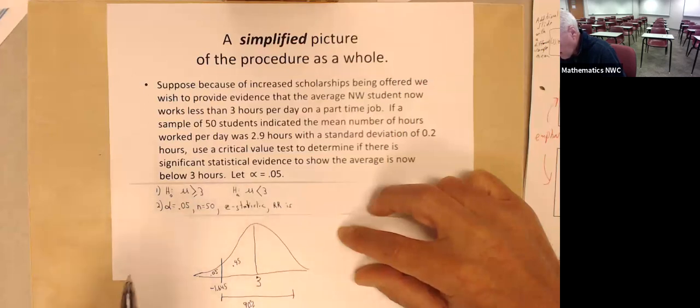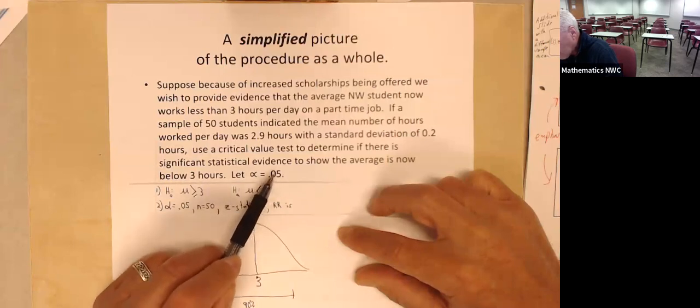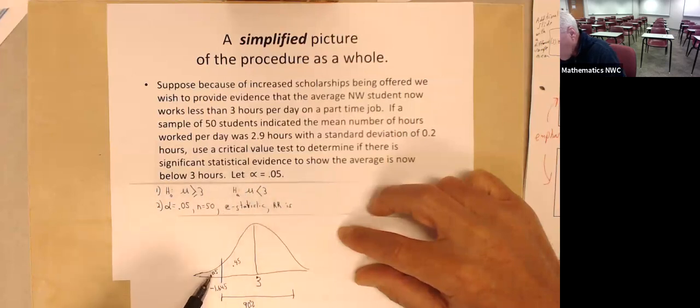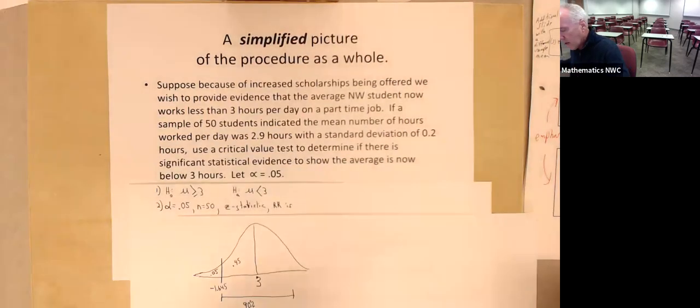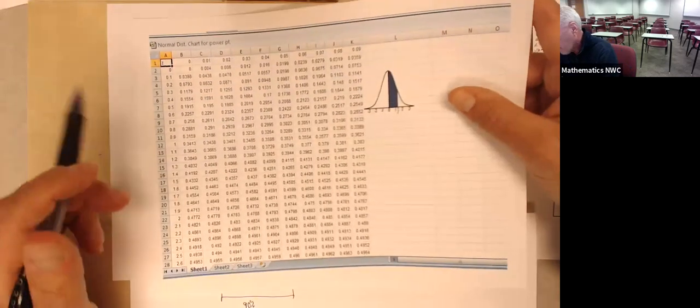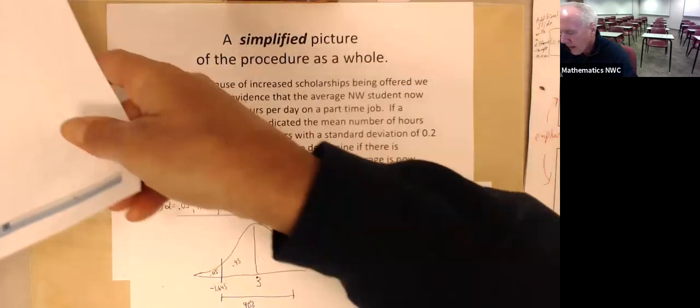Listen carefully though now. Because this is a single-tailed test, going in one direction, less than 3, I take all 5% and put it in that one tail. So because all 5% is in that one tail, I could go to my chart and again look at 0.45. It's right in here, 1.645, right between those. That's where that came from.